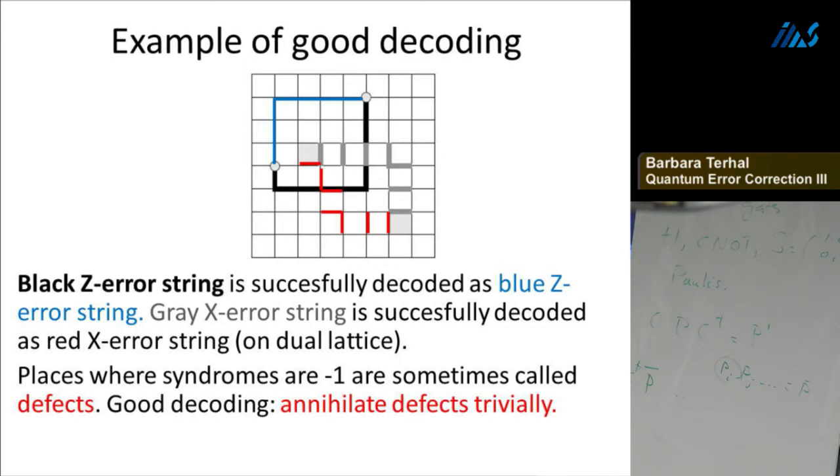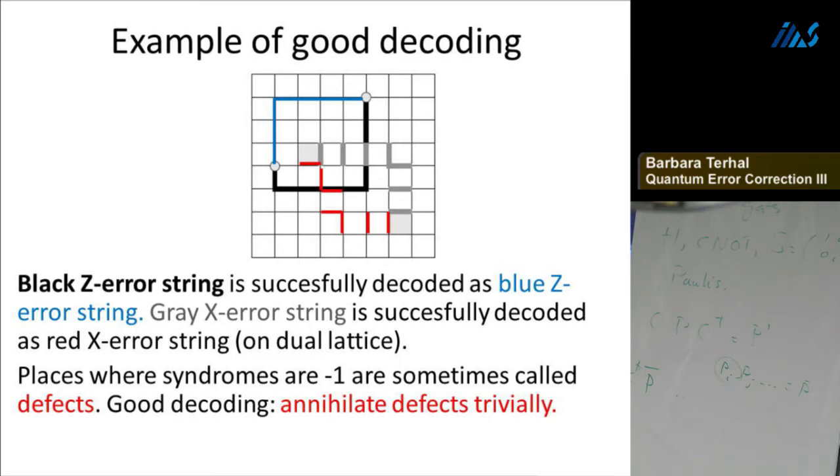Similarly, on the dual lattice, now we have a string of X errors, these gray ones, that goes like this, and we have non-trivial checks here. And instead of inferring this error, we could also infer, say, this error string, and that would also be fine. So that gives us a lot of freedom.